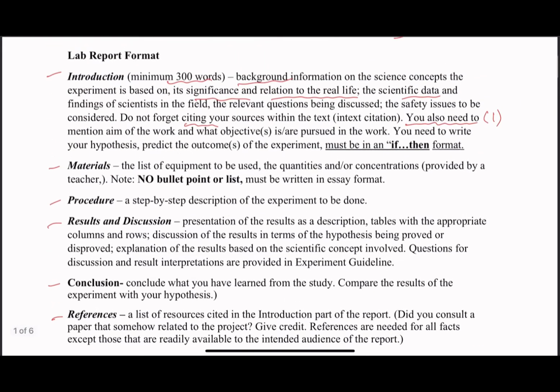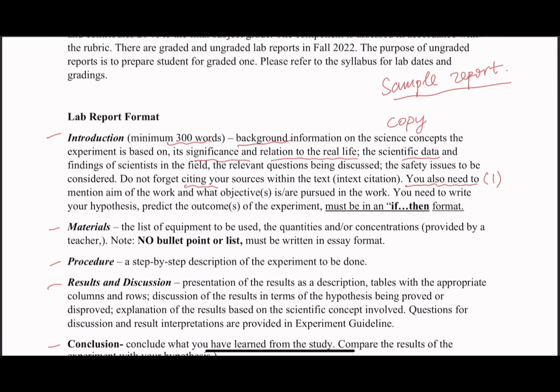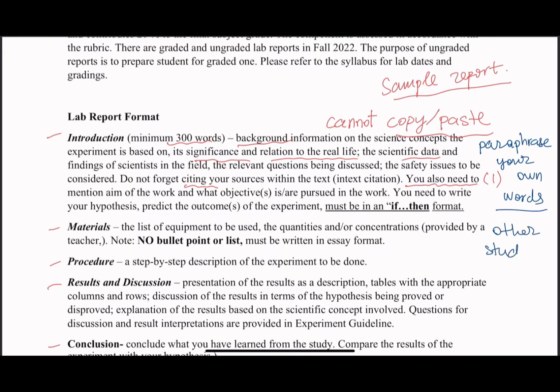So you write these resources, but there's one thing: you cannot copy and paste any information. You can use it, but you need to paraphrase. Paraphrase means you need to use your own words to write it. If you take it from another student, both of the students will get a deduction. Please don't do this.